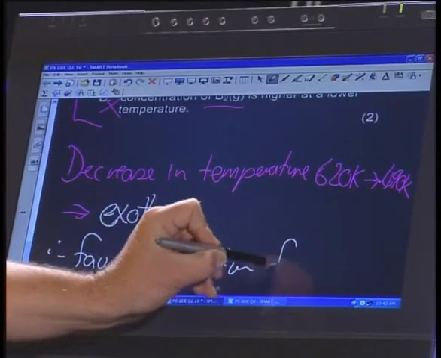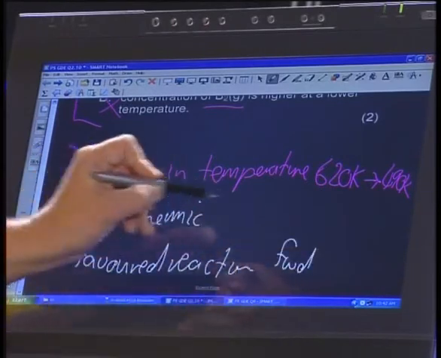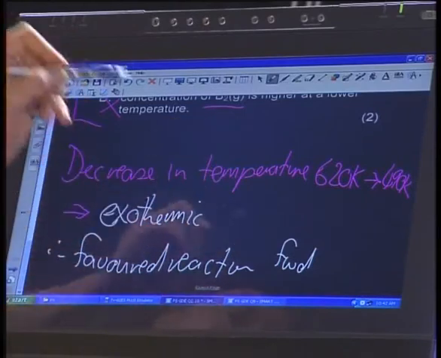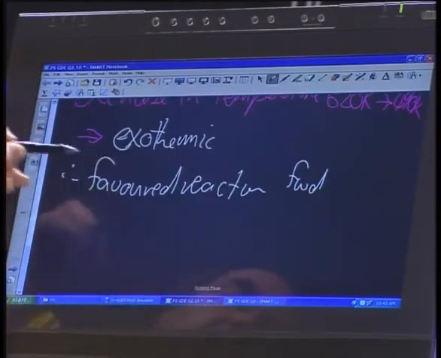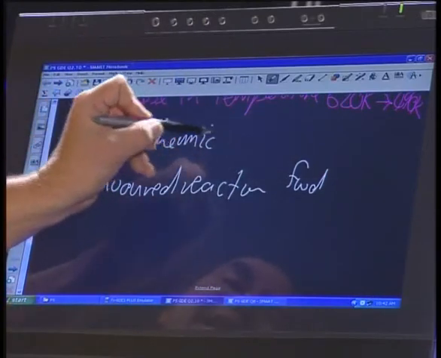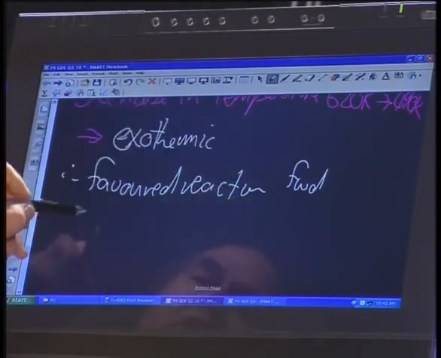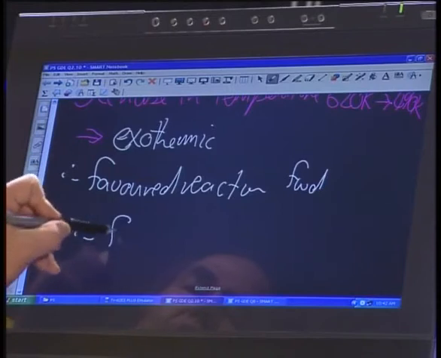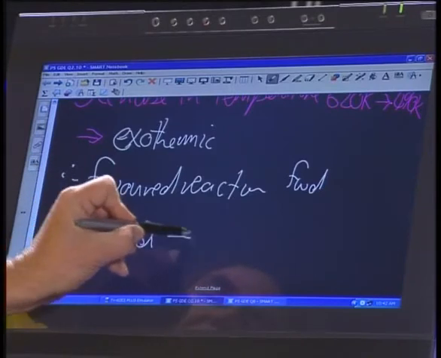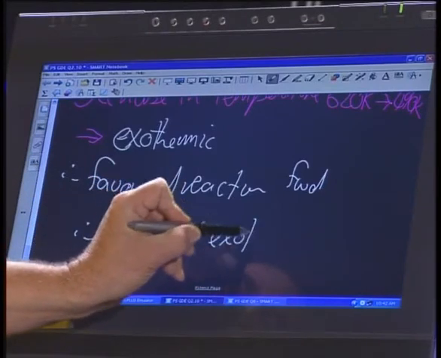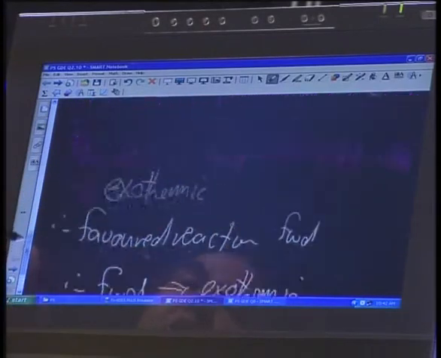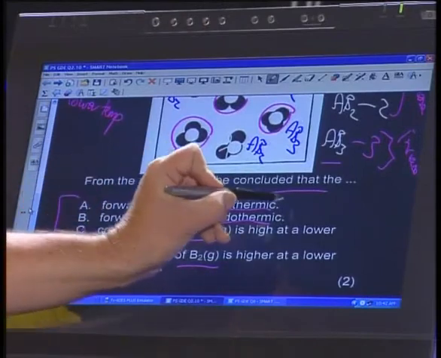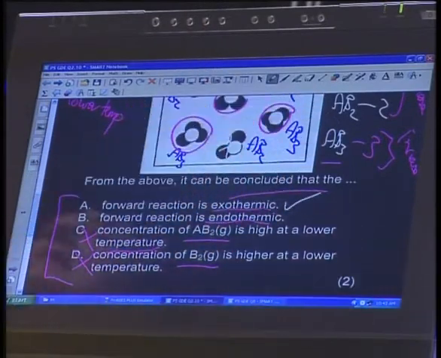So if the forward reaction was favored, we recognize that this is what the system was doing. It was trying to favor the exothermic reaction. So therefore, we can say the forward reaction is exothermic. Right. So which answer was that? Forward reaction is exothermic. The answer is A.